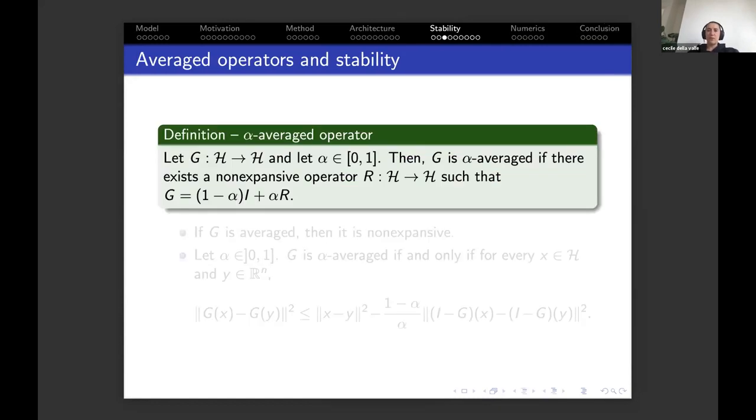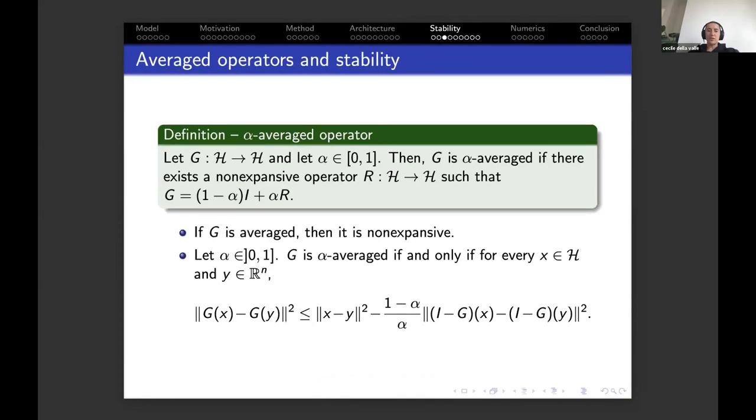So first, I recall what an averaged operator is, which is a good tool to compute the stability of neural networks. If G is my neural network from a Hilbert space to a Hilbert space, G is alpha-averaged if there exists a non-expansive operator R such that G equals (1 minus alpha) identity plus alpha R. If G is averaged, it is non-expansive, and it respects this type of inequality.